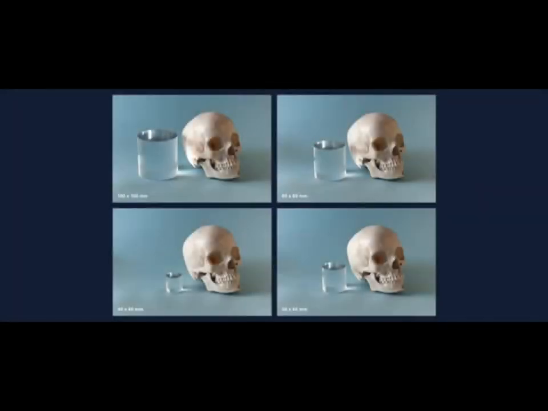To visualize those cylinders, I have put here some glass cylinders which depict typical cylindrical volumes used for CBCT imaging. They range in this image from 4 by 4 on the far right to 10 by 10, which is quite a large field of view, on the far left.